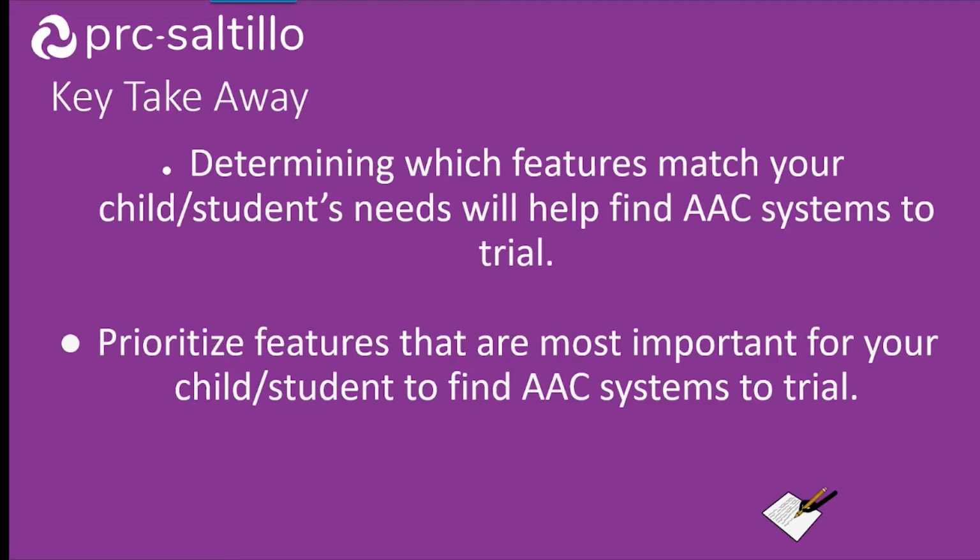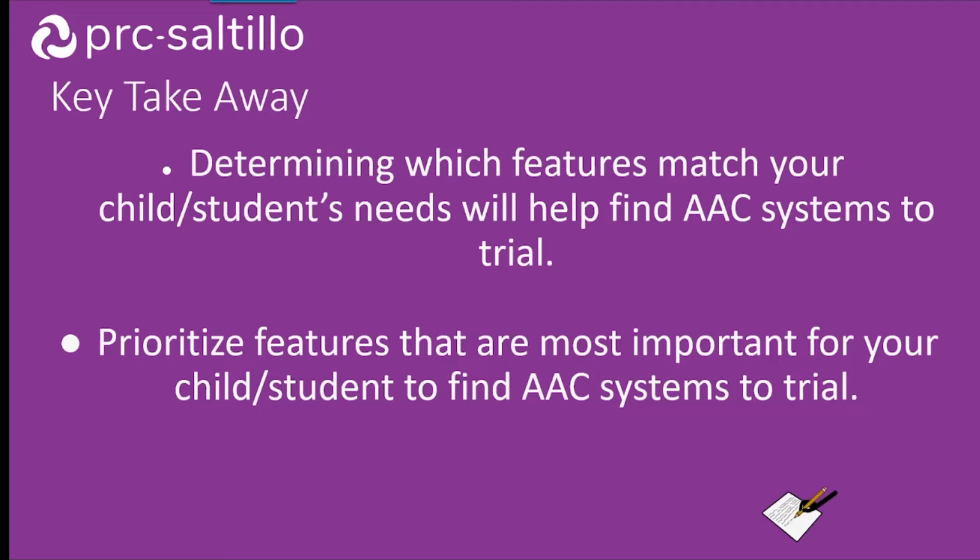And I think a big piece of this is knowing that feature matching. For me, when I first started in AAC, I wondered, what are the features I'm supposed to be matching? And so that's where we wanted to break this down into some of those basic ones that you're going to see over and over again. There are lots of great resources out there to help with feature matching, that'll list different systems and different apps and maybe what features they have.